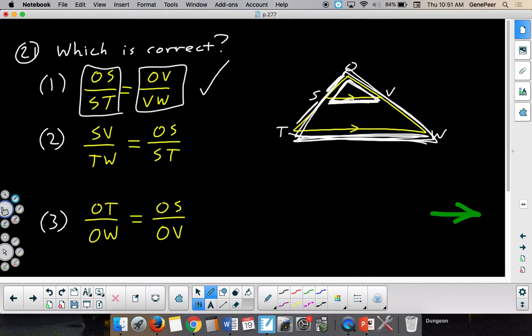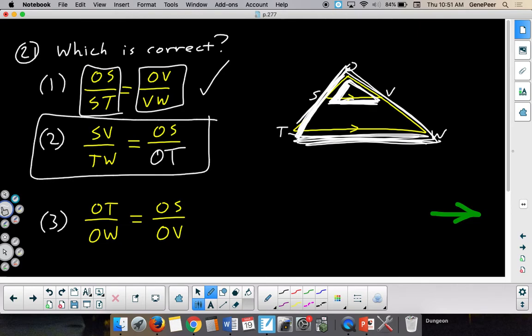If you're going to do whole side to whole side, then here you have to do whole side to whole side. It should have been not ST, it should have been OT. So they blew it. This one was incorrect. So number 2 was your answer as to which one was incorrect.